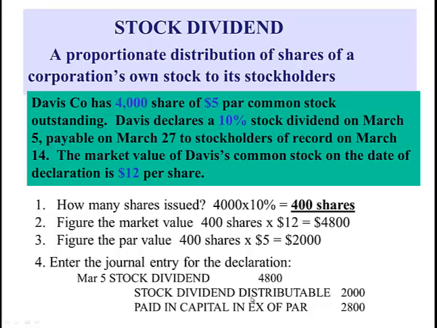We pay cash dividends, but we distribute stock. So the wording is stock dividend distributable, and that's at par value. So 400 shares at $5 par. And then the difference, of course, that you learned in chapter 19, is the difference between the two goes into the paid-in capital in excess of par. So it's very similar to actually giving out a dividend.